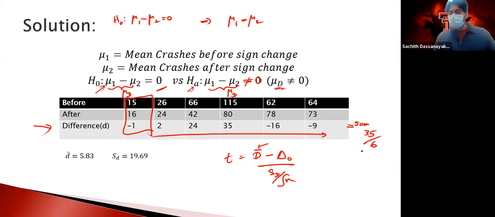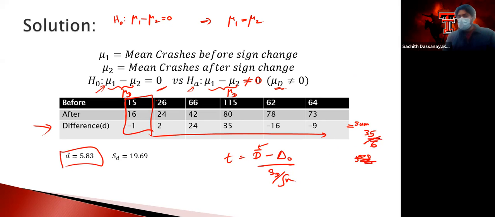Divide by 6: 6 times 5 is 30, 6 times 8 is 48, so it is 5.8. Yes, this value is correct. I just wanted to check it.